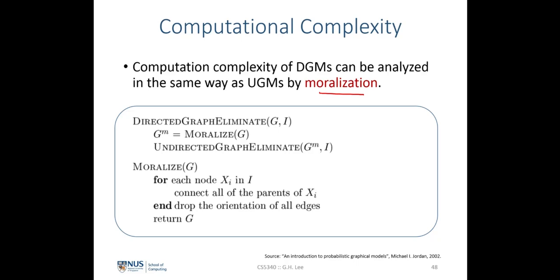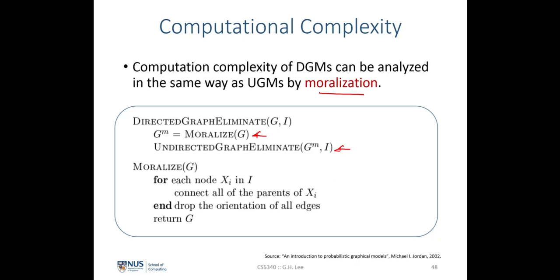Given a directed graphical model, we will first convert it into an undirected graphical model by doing moralization, where we marry all the parents of every single node and drop the direction of the edges in the graph. And then we will follow by doing the undirected graphical elimination to form the reconstituted graph in this step here.